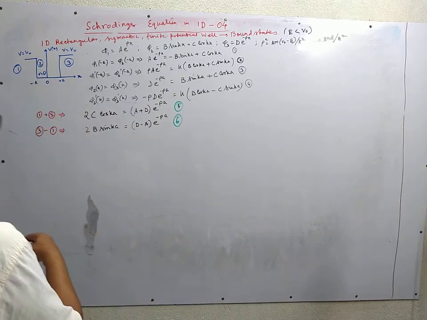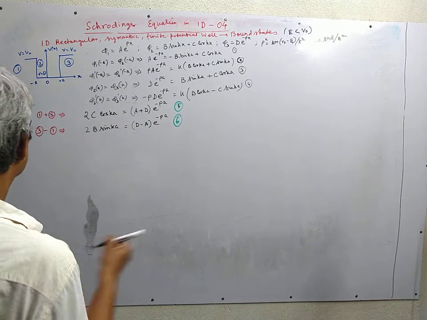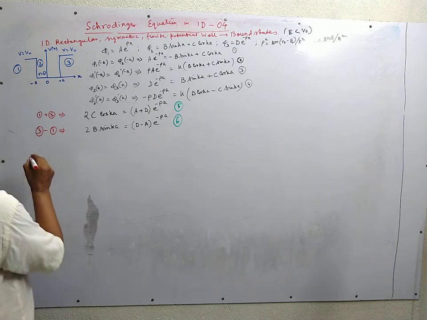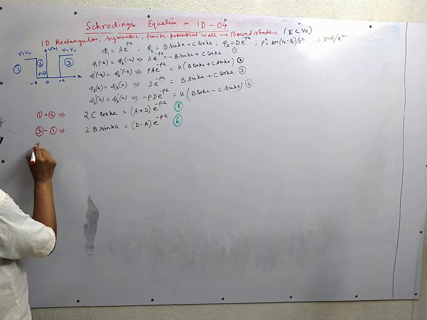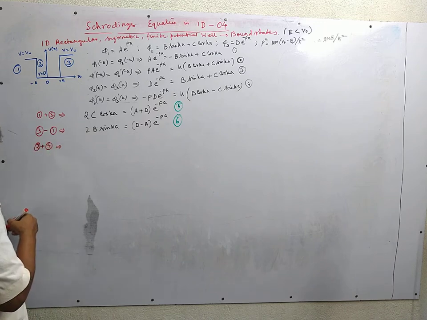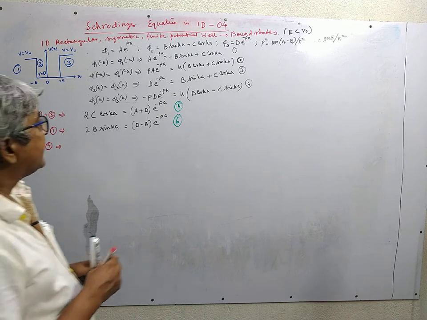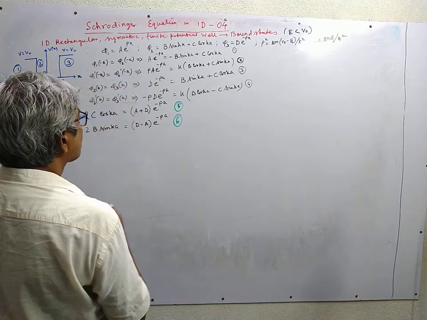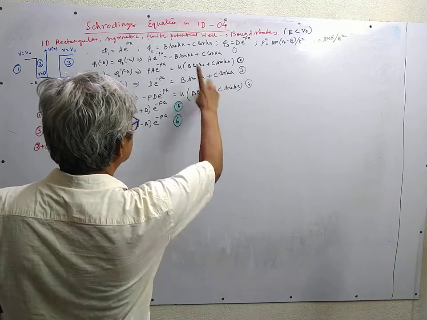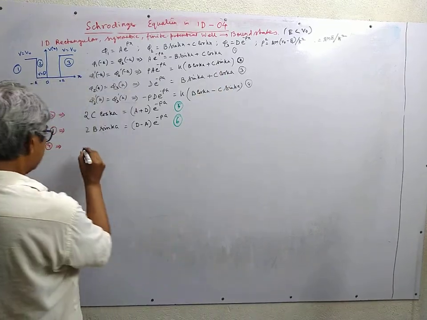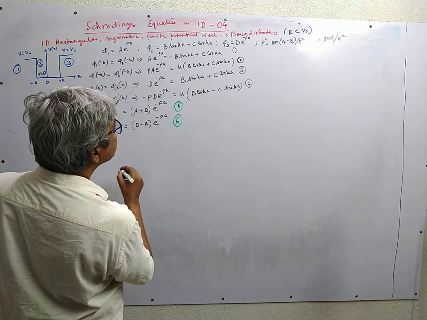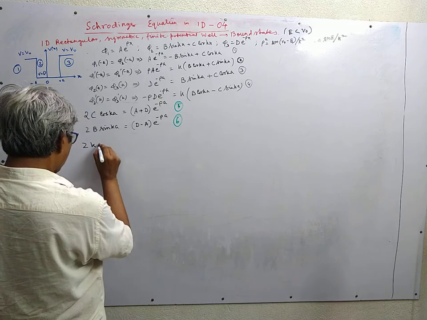Then we add 2 and 4. If we add 2 and 4, we see that this term gets cancelled, so we will have twice b cos ka.